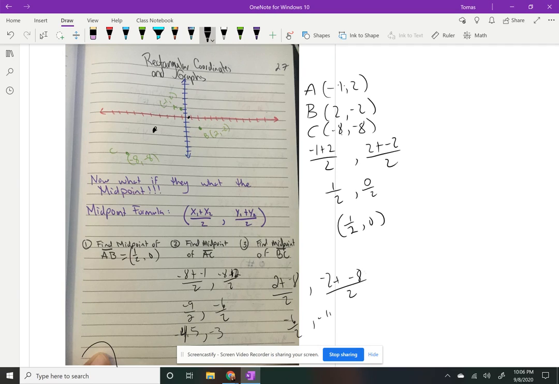This becomes negative 10 over 2, which reduces really nicely to negative 3 and negative 5. Right? So negative 3, 1, 2, 3, and then 5, 4, 5. Yeah, that's about right, halfway. Okay, so if we had a line like this, that'd be like halfway.